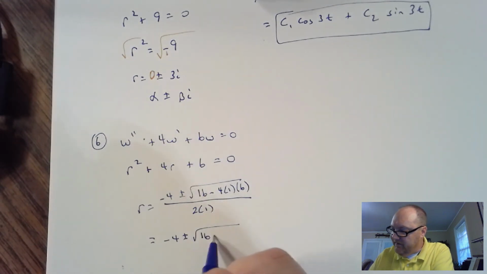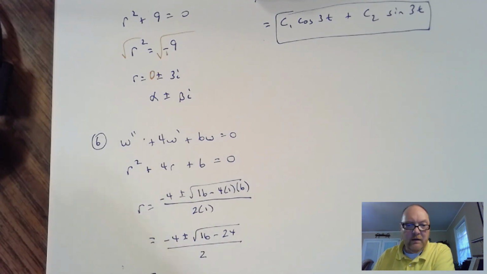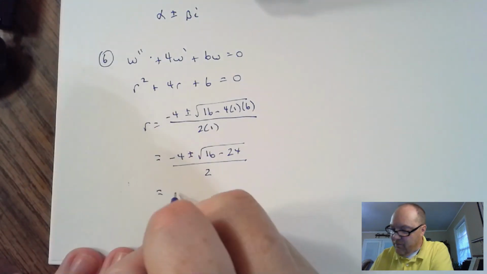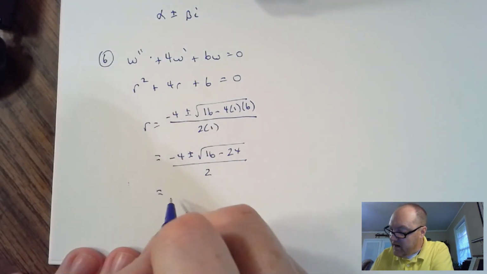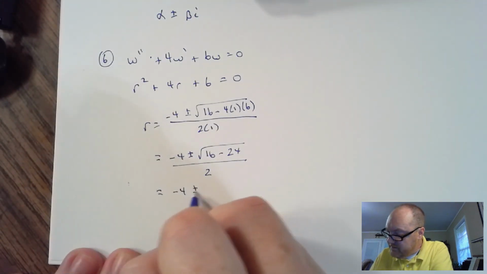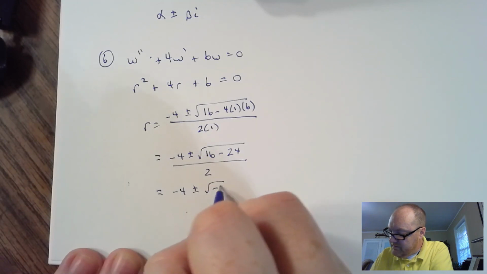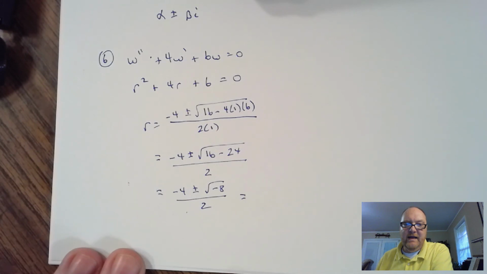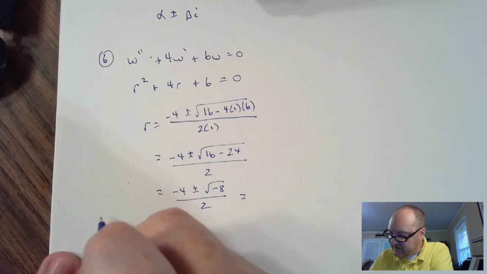That's going to be 16 minus 24, and 16 minus 24 is negative 8. And I can simplify negative 8 just a tiny bit.